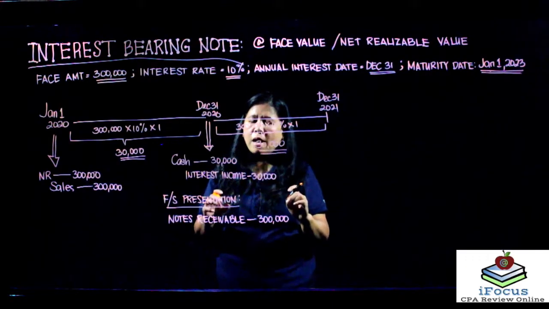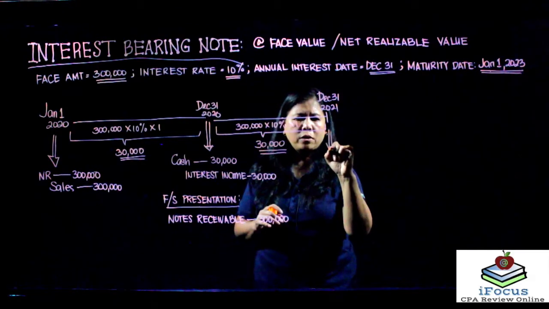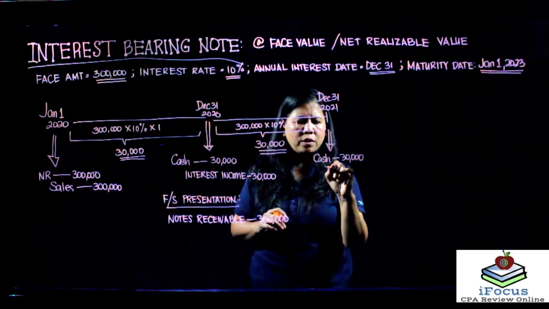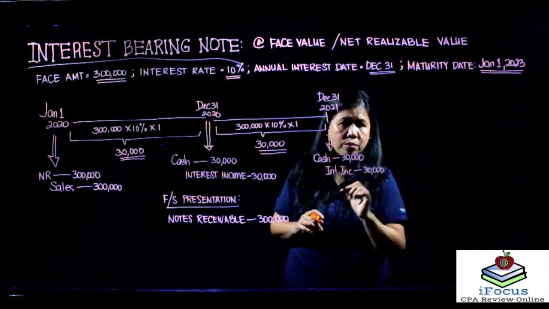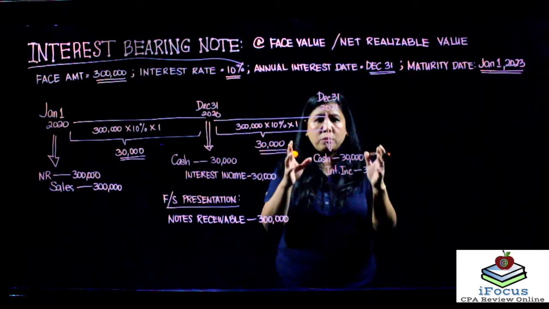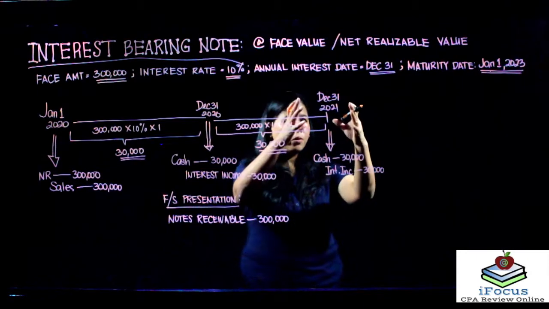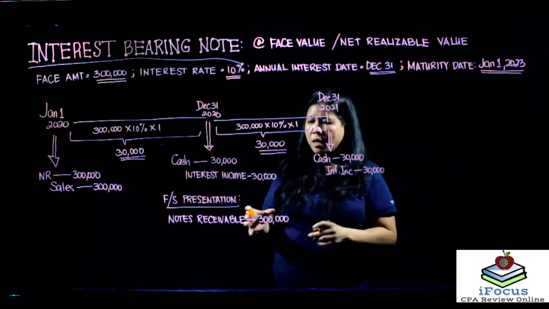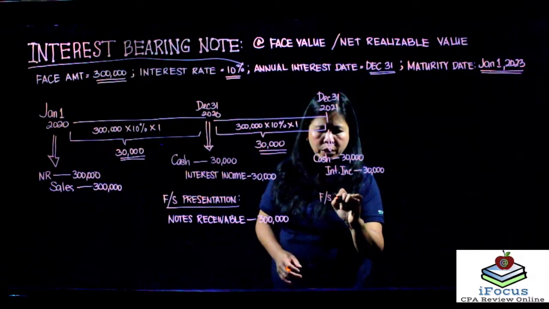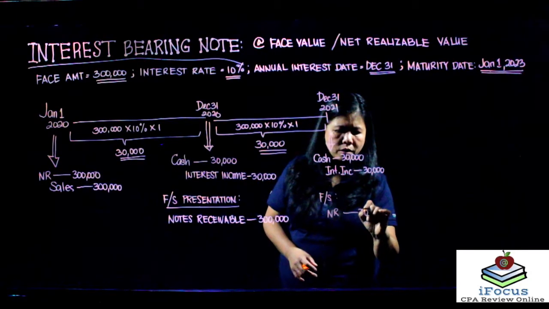All right, and we will have the same entry, debit to cash of 30,000 and credit to interest income of 30,000. The financial statement presentation of this notes receivable on December 31st, 2021 is the same. So our financial statement presentation will be notes receivable of 300,000.